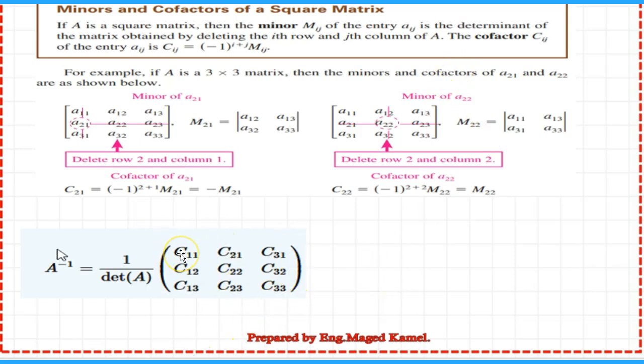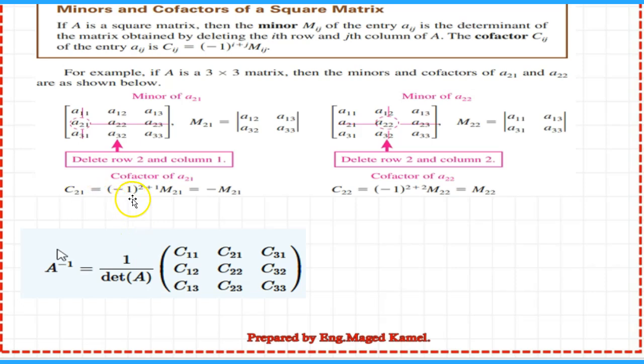But what is the value of C11? C11 is minus 1 raised to the power of the addition of row plus column, multiplied by M11. For M11, for instance, we remove the first row and first column and get the minor M11, and get the determinant value of that. Here, these are some expressions.